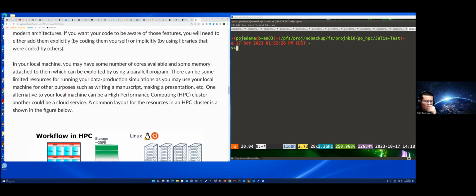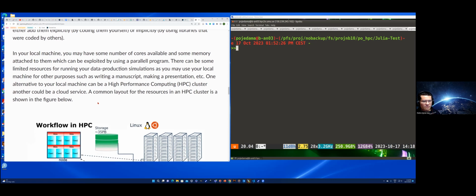So here is what happens in your local machine. In your local machine, you may have some number of cores. For instance, in my laptop, I have 8 cores, right? And there is some memory that can be shared between all these cores, and they could be used by some parallel program.